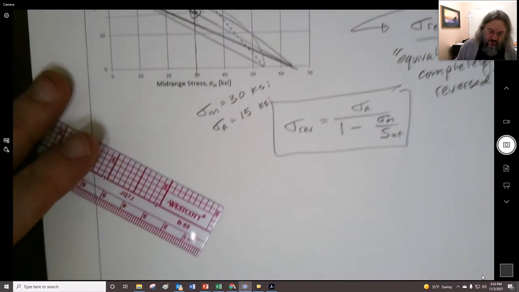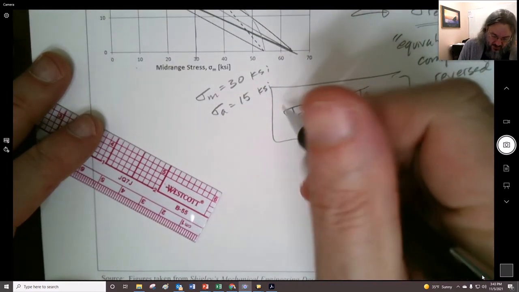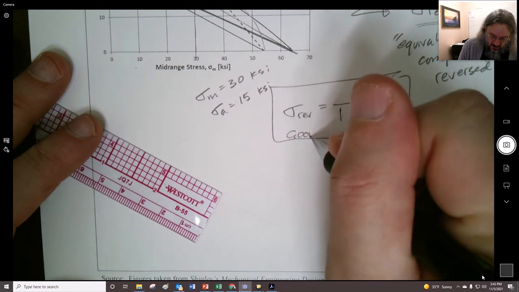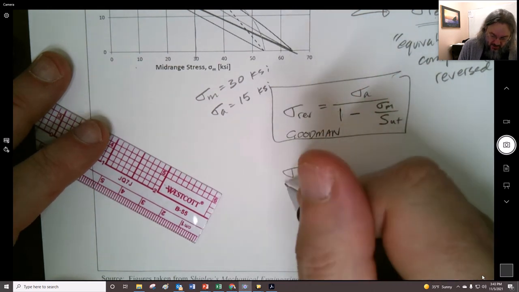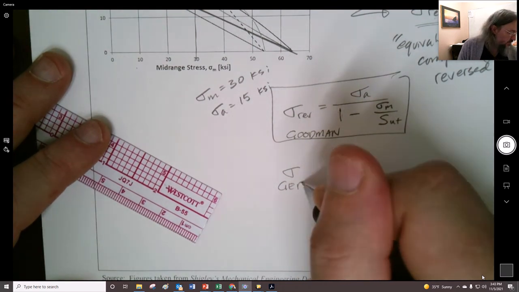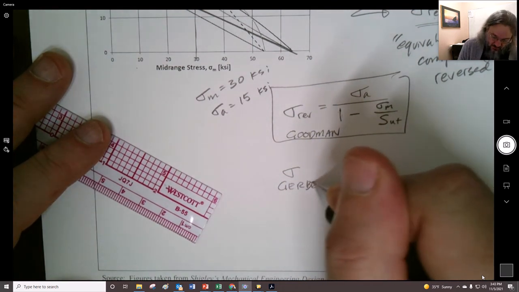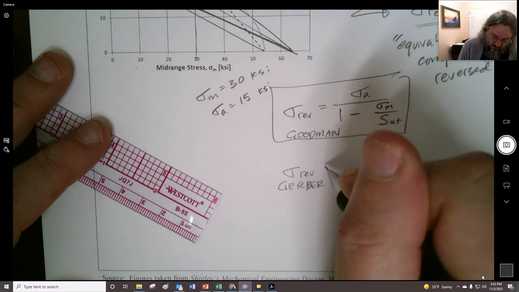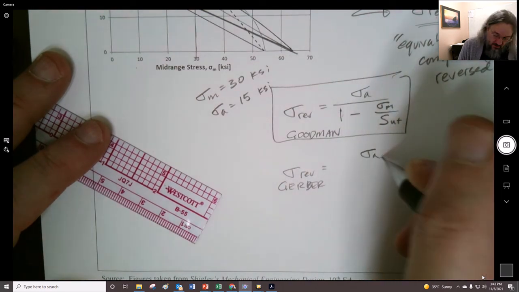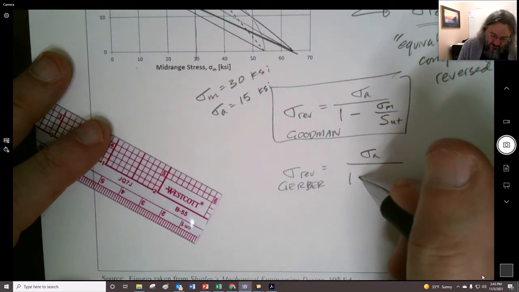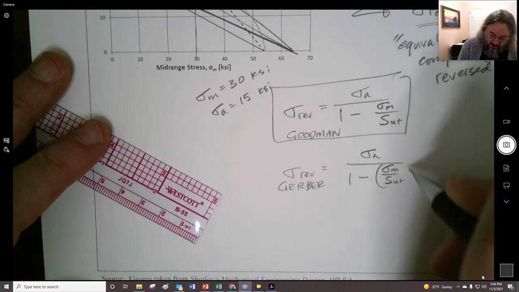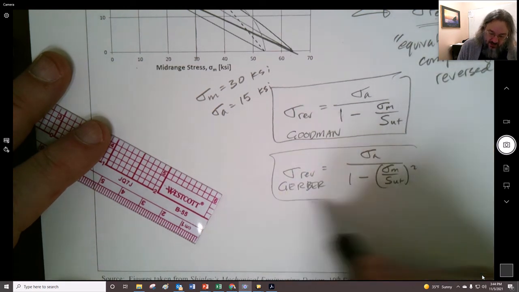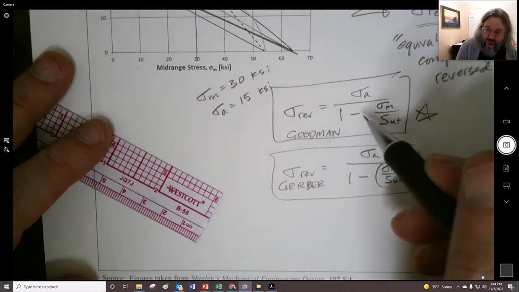But this was like the Goodman version, and they had the Gerber version of this sigma rev, and that was the alternating stress divided by 1 minus sigma m over the ultimate, squared. I just went ahead and stuck with this equation right here.